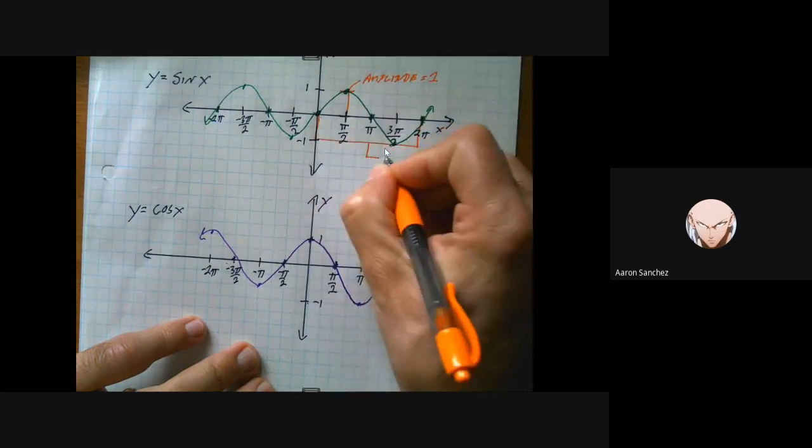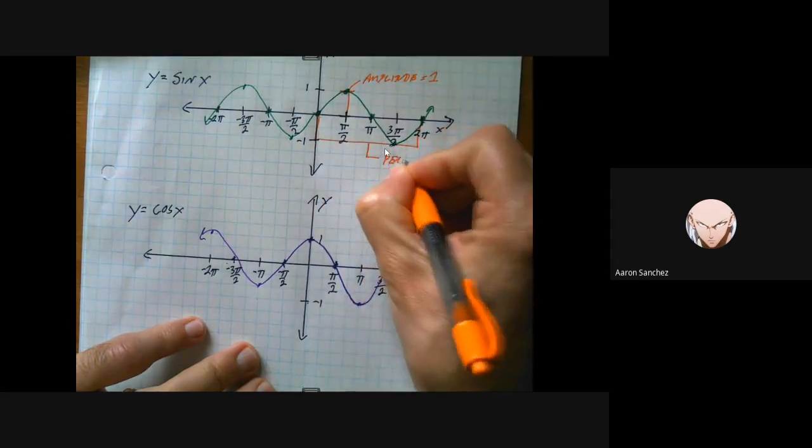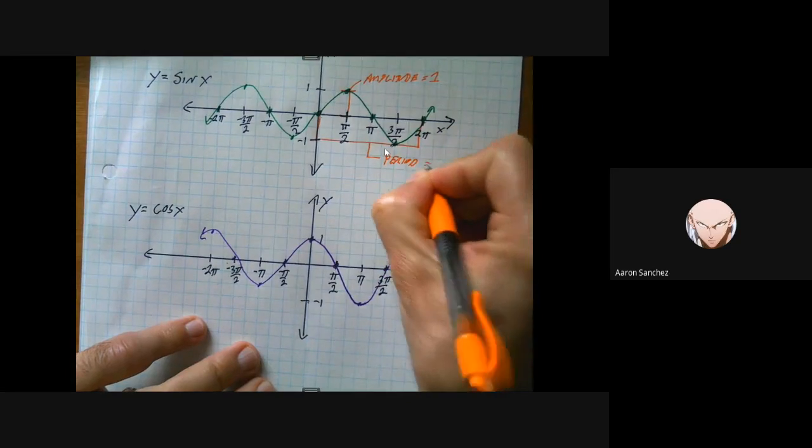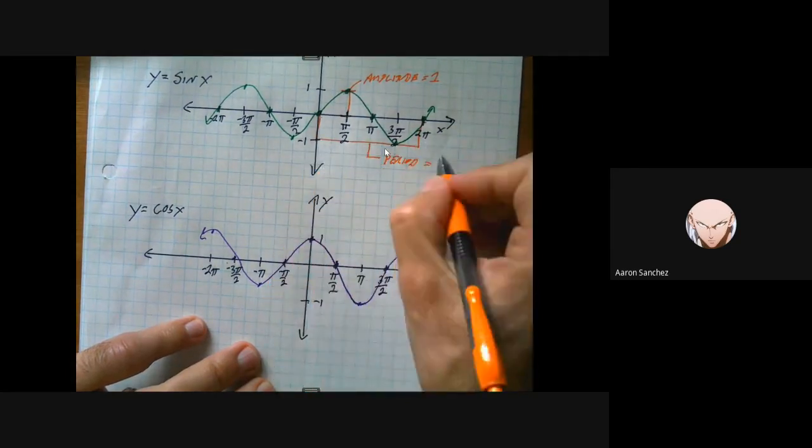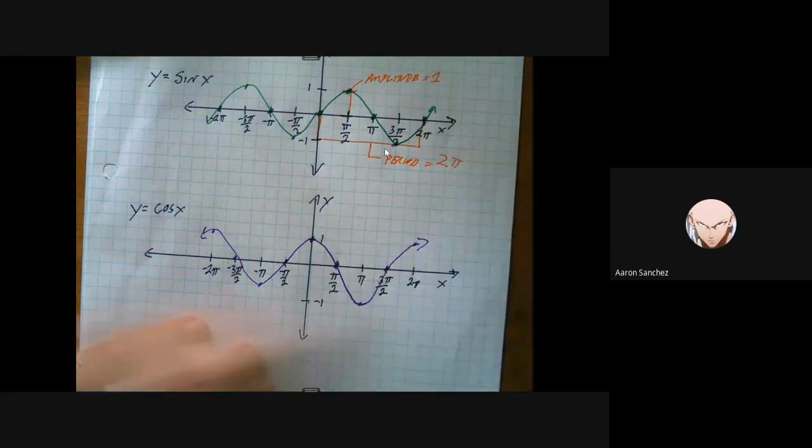That is my period. It takes me one period, which is equal to 2 pi. My period is 2 pi.